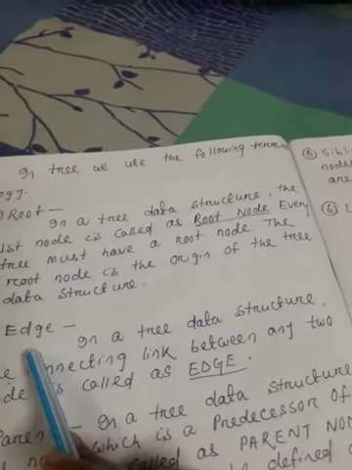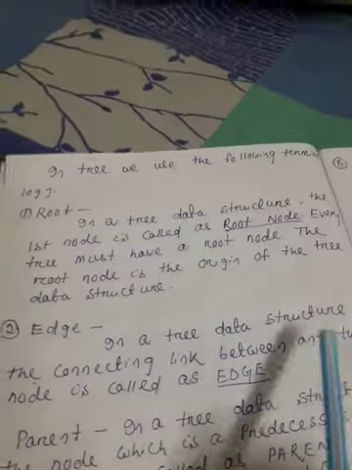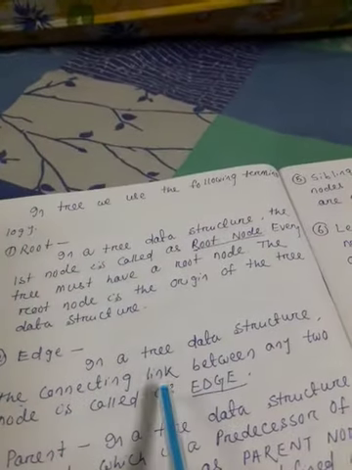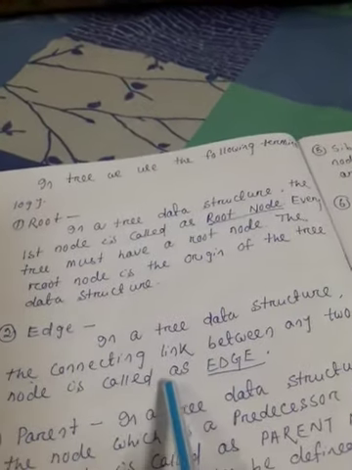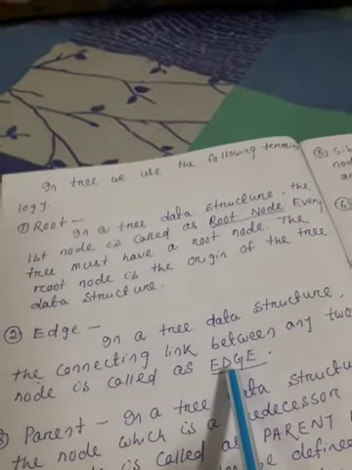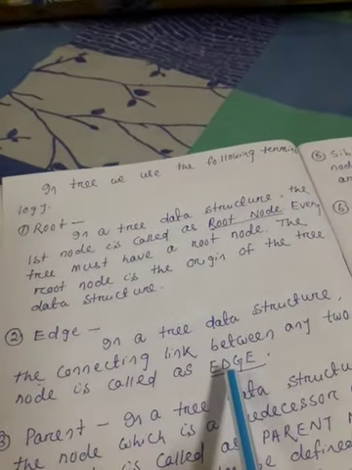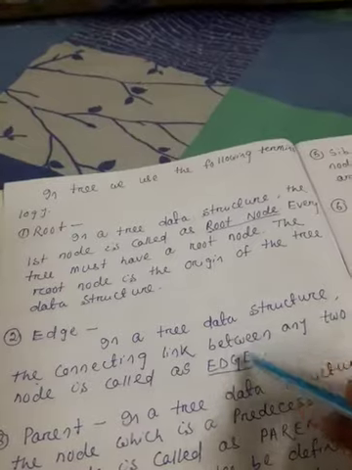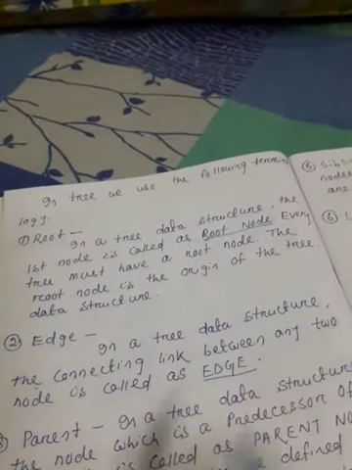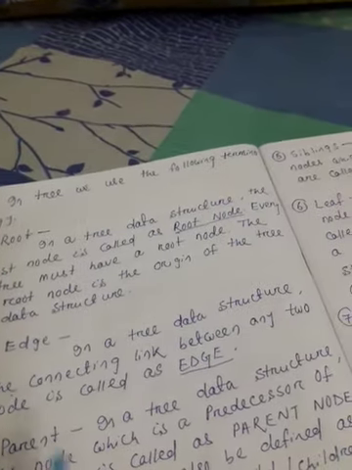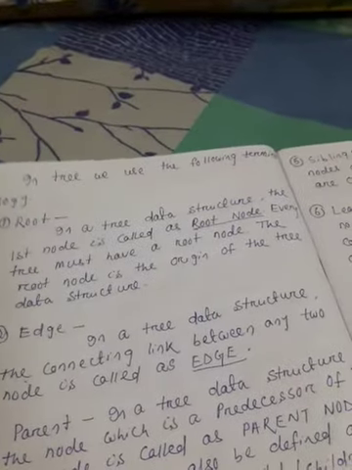Then number two is edge. In a tree data structure, the connecting link between any two nodes is called an edge. In the above example, how many edges are there?